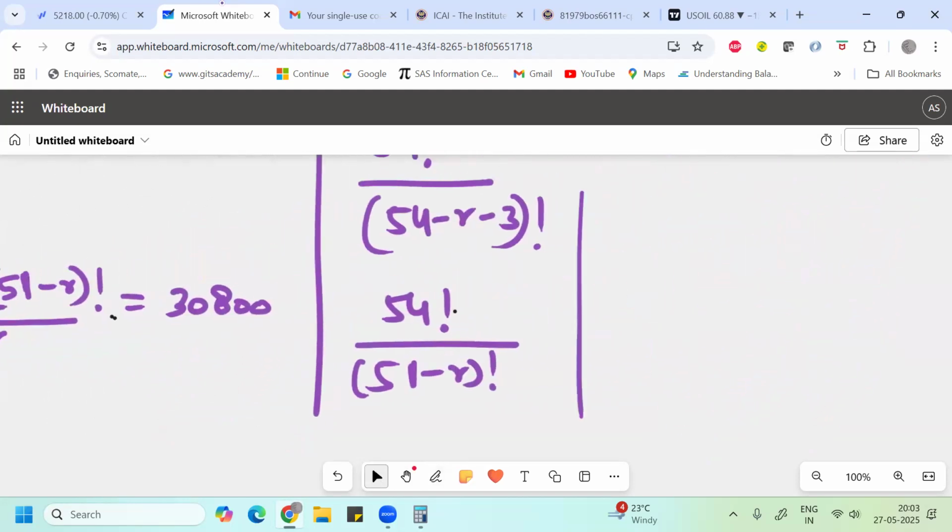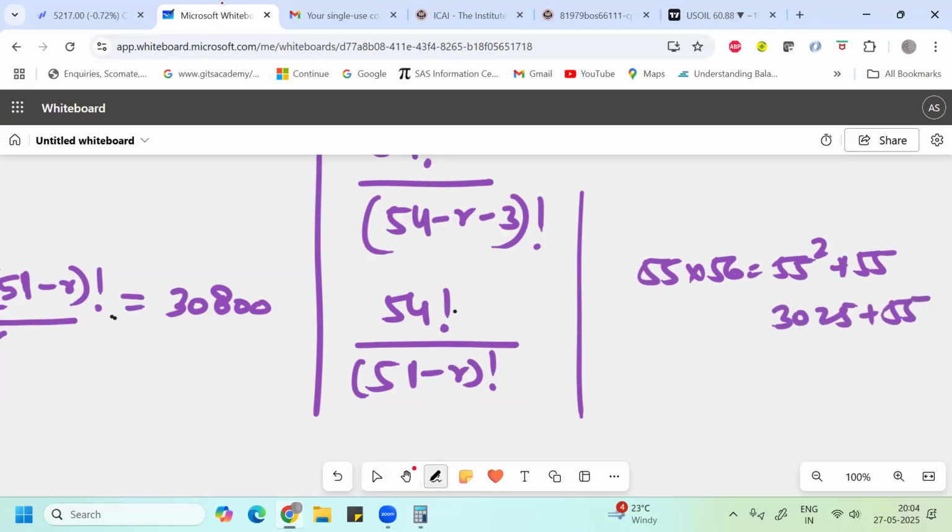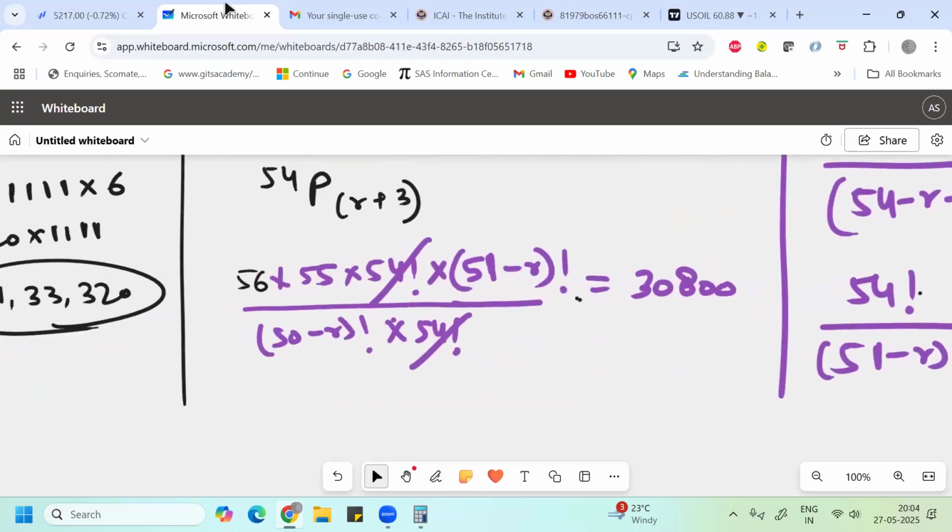Here you have 55 into 56. What is 55 into 56? That would be 55 square plus 55, right? And those who know Vedic maths, 55 square would be 3025, plus 55, I'll get 3080. So 55 into 56 is 3080.